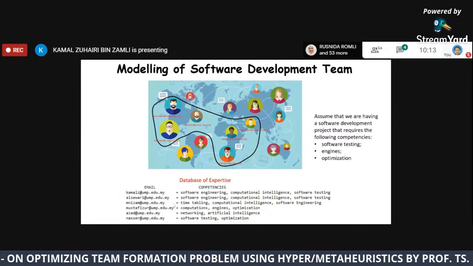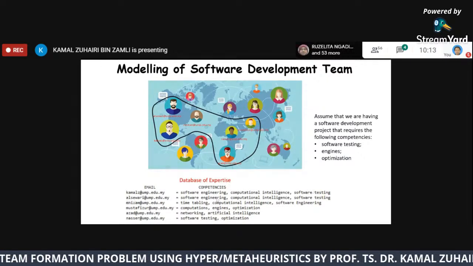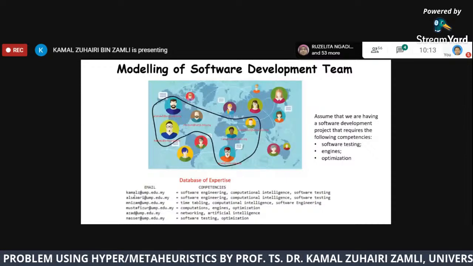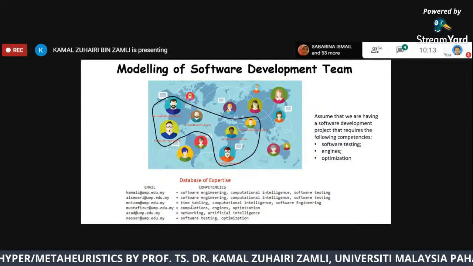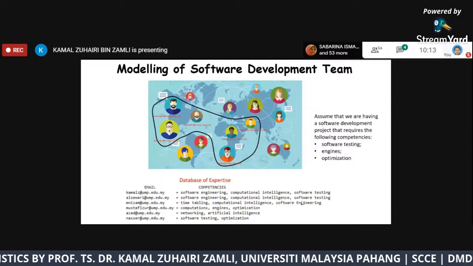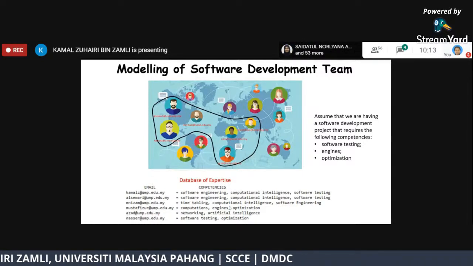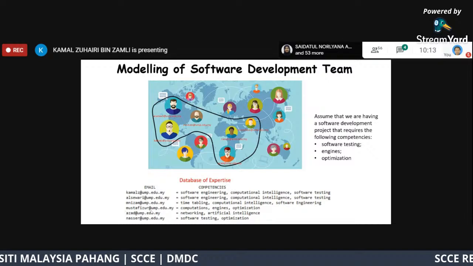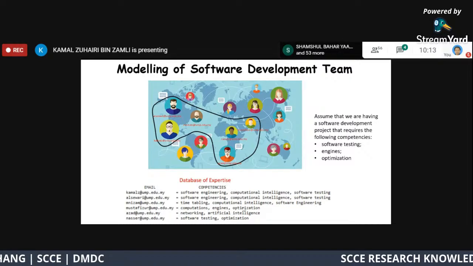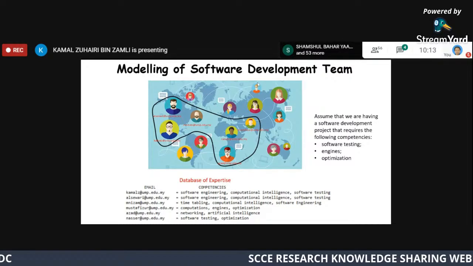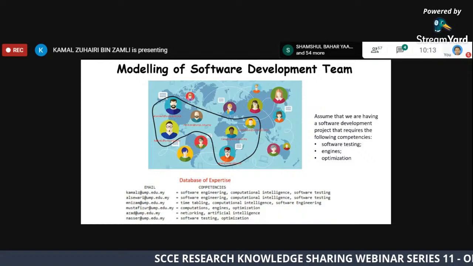Maybe another, Zuhairi, with the same expertise. Maybe M. Nizam, with timetabling, computational intelligence, and software engineering expertise. Mustafizo has computation, engine, and optimization. Azad has this. So ideally, each individual we are looking for has different expertise.